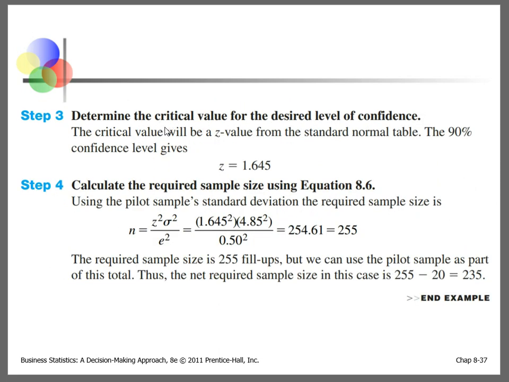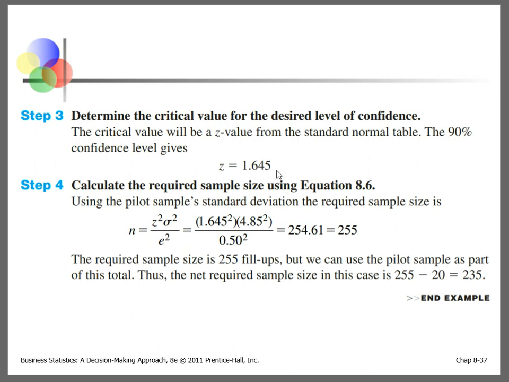Step number 3, determine the critical value for the desired level of confidence. The critical value will be the z-value from the standard normal table, as can be seen in the previous video. So with 90% confidence level, it gives us a z-value of 1.645.